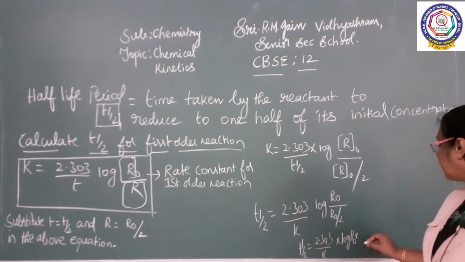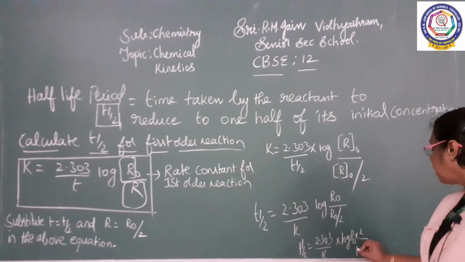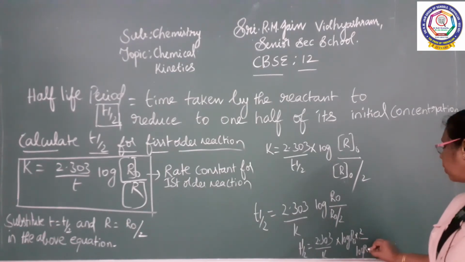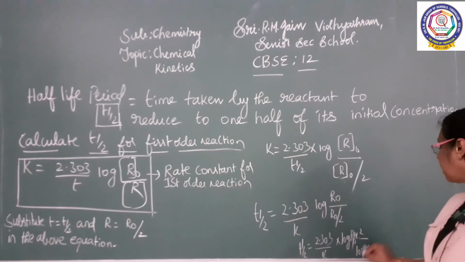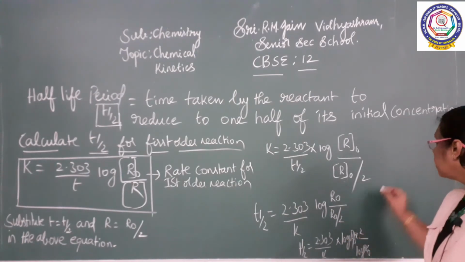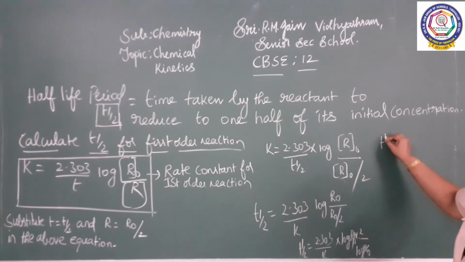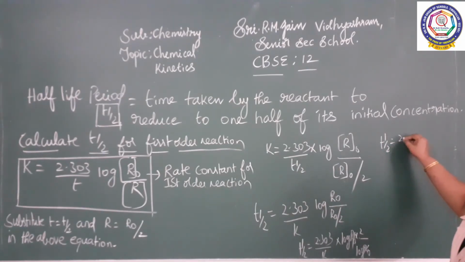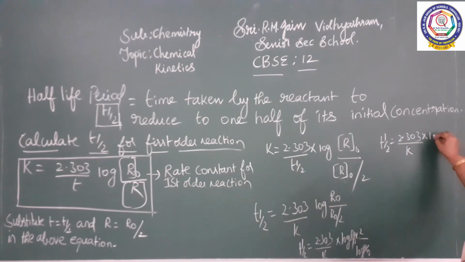R naught gets cancelled, and you will get log 2. So T half is equal to 2.303 divided by K into log 2.